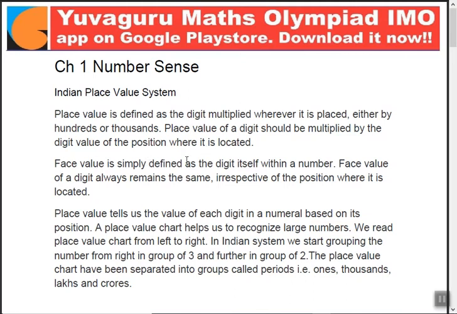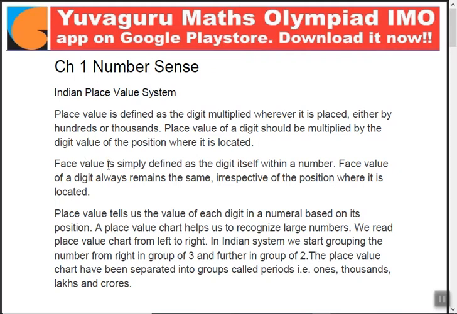Face value is simply defined as the digit itself within a number. Means what? When I write 25, the face value of 2 in 25 is 2 only.